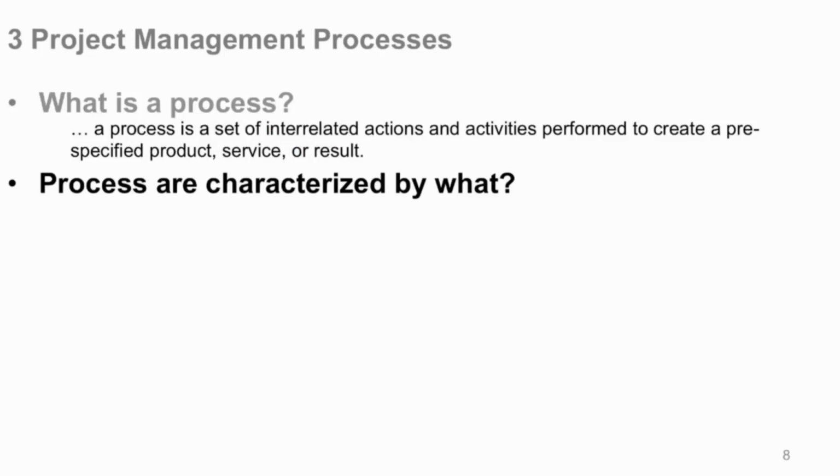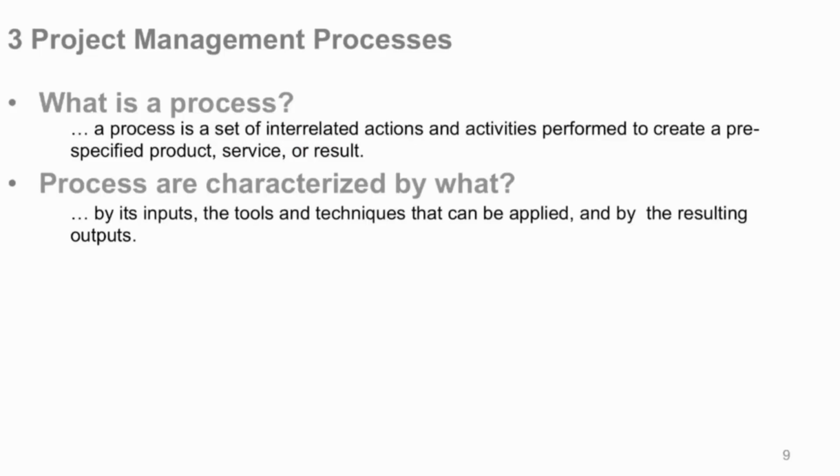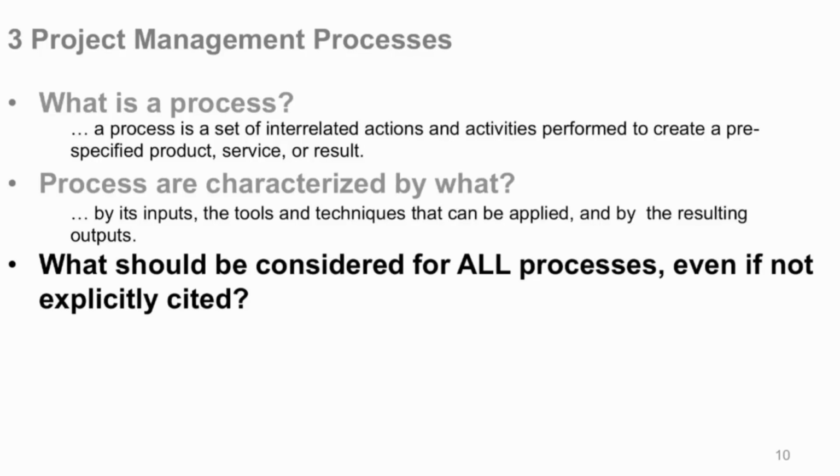So processes are characterized in this manner by the inputs, the tools and techniques that can be applied, and the resulting outputs. Even though in your PMBOK, when you look at the various input, tool, technique, and output diagrams in there, of which there are several different kinds that we'll talk about, they do not specifically cite these things all the time, although most of them do.